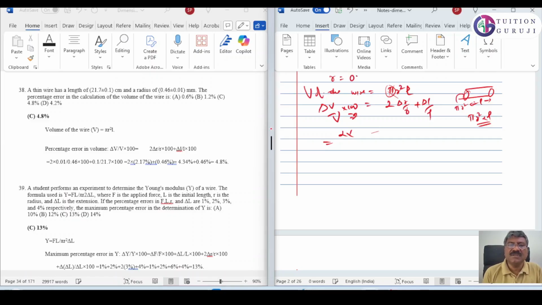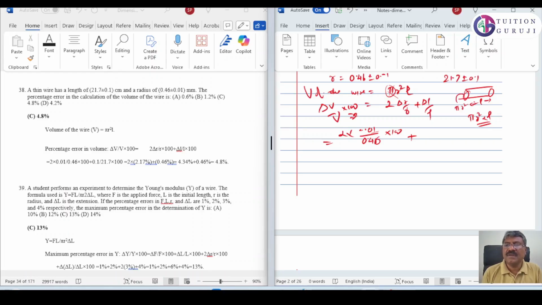Radius 0.46 plus or minus 0.01. So 2 into delta R is 0.01, divided by 0.46 into 100, plus length. What is length? 21.7 plus or minus 0.1.